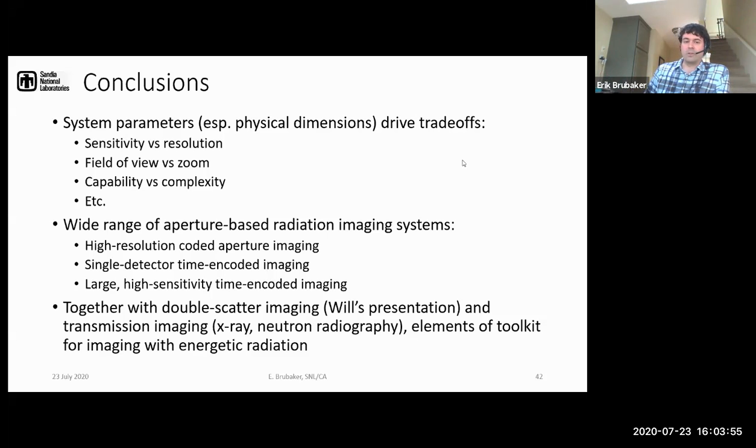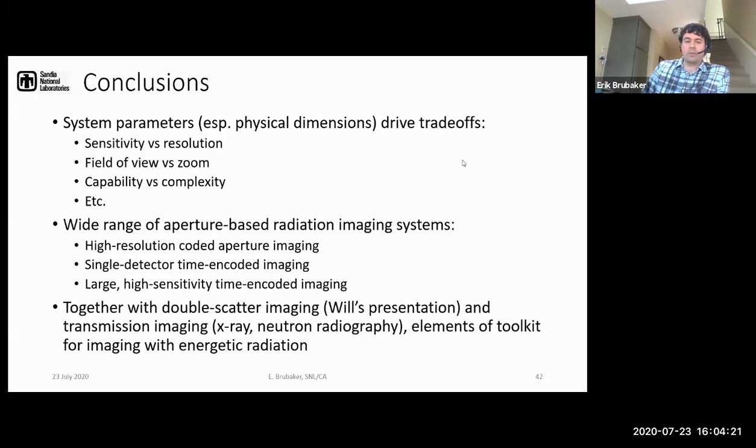And from those concepts, we can get to a very wide range of different systems, from the spatial coded aperture to the 2-dimensional time encoded imager to the 1-dimensional time encoded imager that sit in very different places on all those trade-offs. So they're really targeted towards different applications if we go all the way back to the tasks and the applications that we started with.